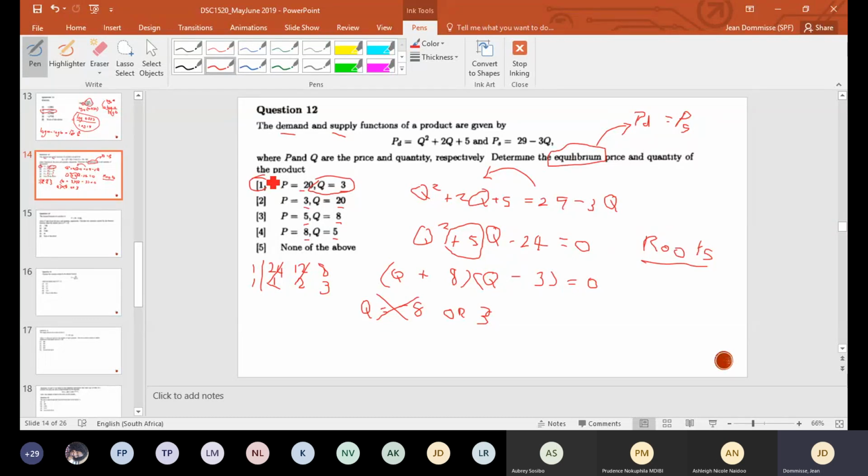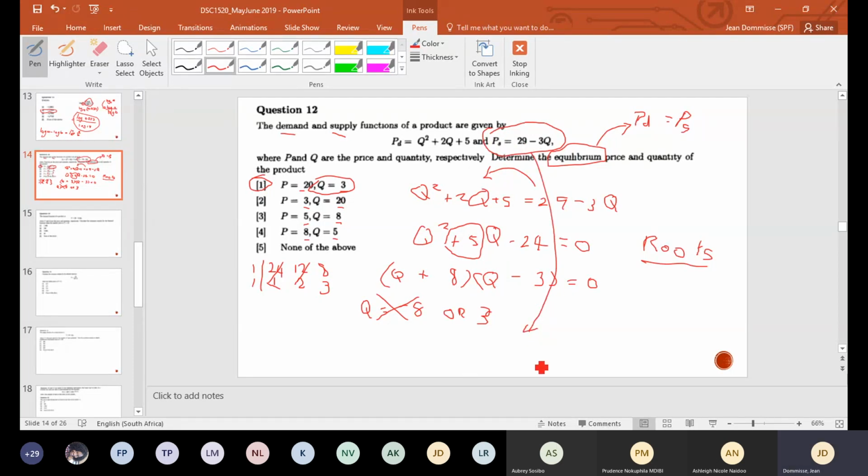There's only one q that is 3. So to save time in the exam, I would have said, okay, I know number 1 is the correct answer, but if there was another one that had a 3, you still need to work it out.